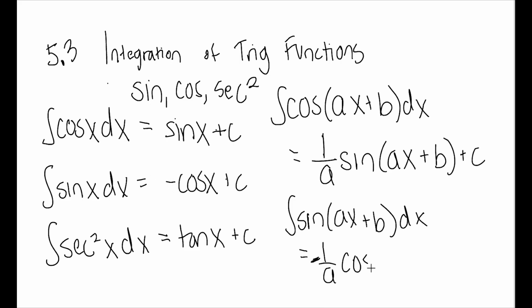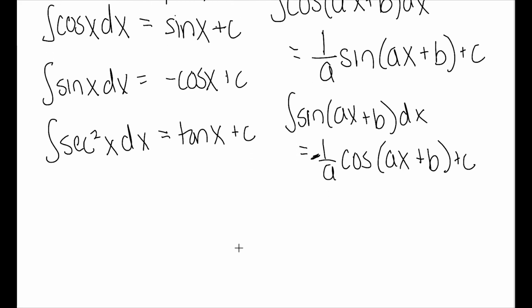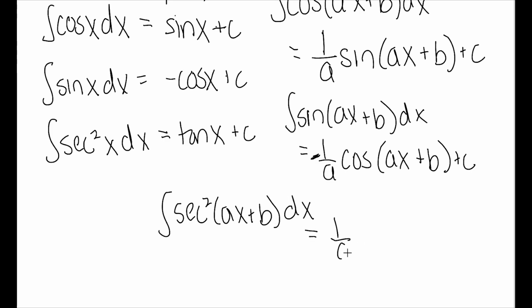Negative 1 over a cosine of ax plus b plus c. And finally, secant squared ax plus b integrates to 1 over a tan of ax plus b plus c.